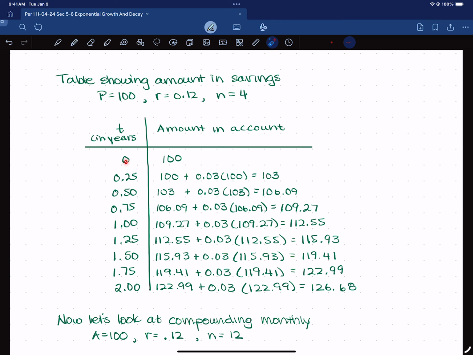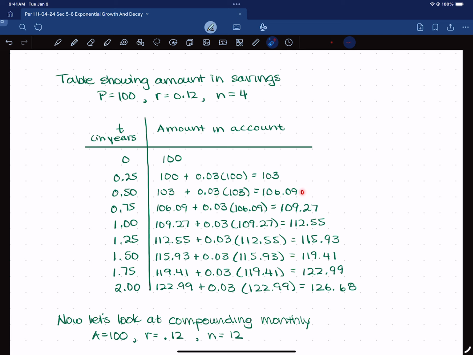So here's how it works. Again, at year zero, we have $100. Now, after a quarter of a year, we're going to have $100 plus 3% of that $100. So we're going to have $103. Now, after another quarter, when we're at half a year, we're going to have $103, and this time we earn 3% on the $103, not just on the 100.